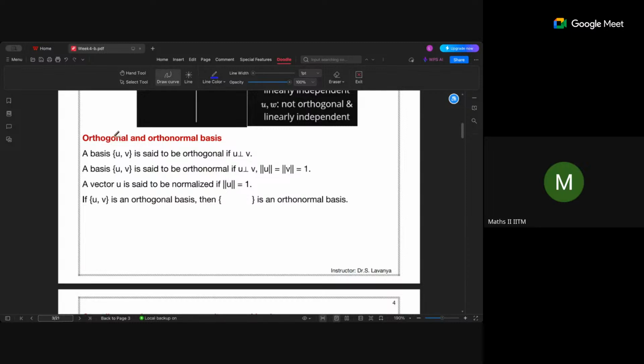And then we saw what orthogonal bases and orthonormal bases are. A basis is said to be orthogonal if the basis vectors u and v are perpendicular, that is orthogonal. And it is orthonormal if, in addition to the orthogonal condition, their norms are equal to 1. A vector is said to be normalized if its norm is 1. So if u and v form an orthogonal basis, how can you find an orthonormal basis?